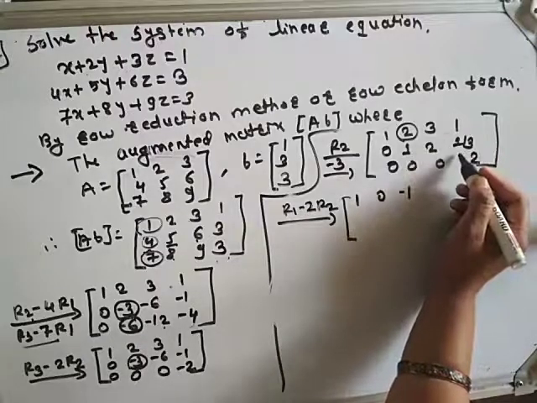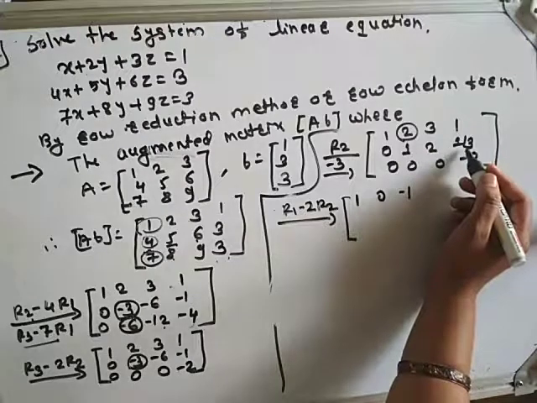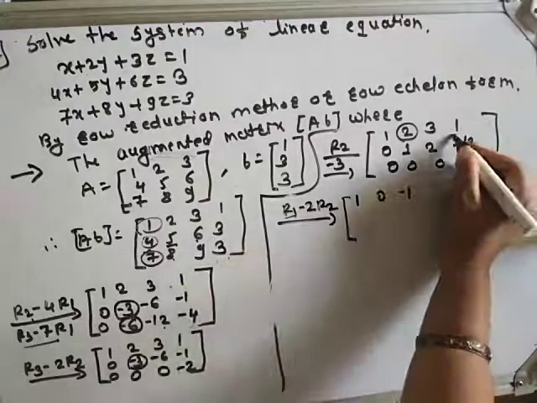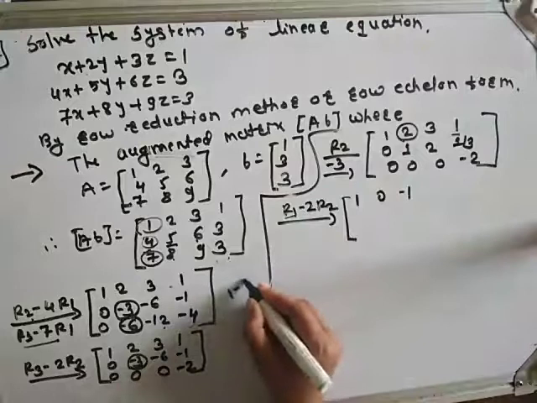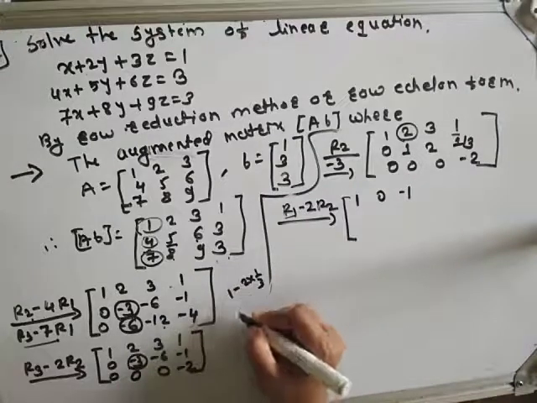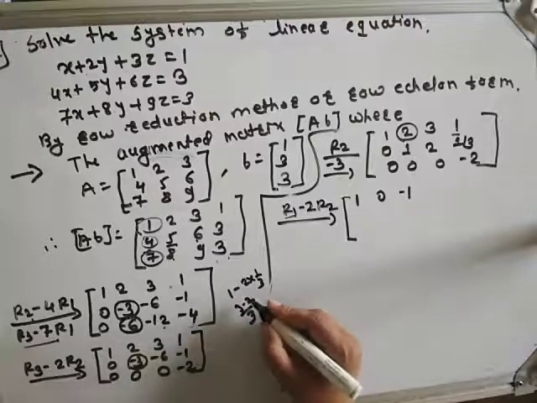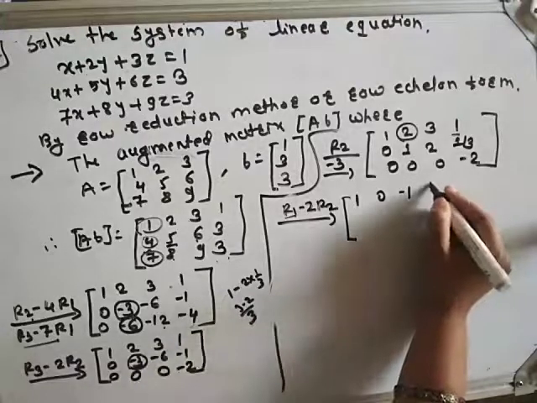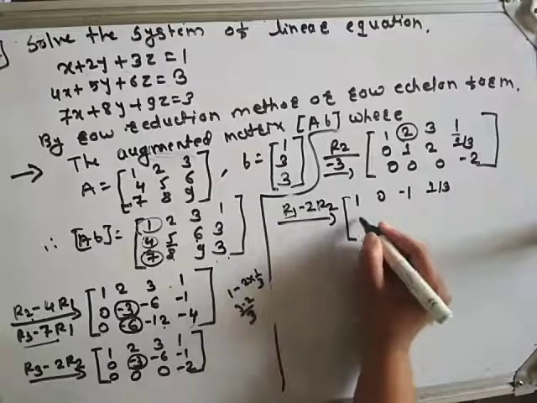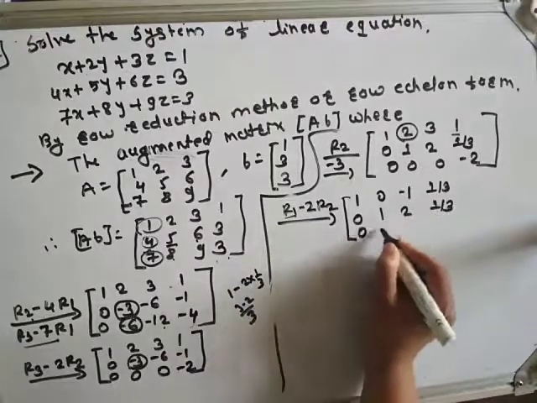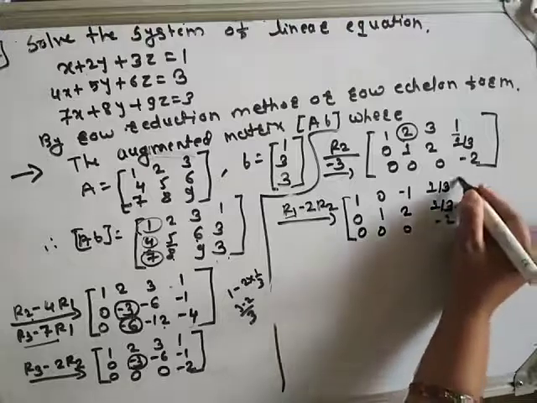Sorry, R1's last entry is 1 minus 2 into 1 by 3, which is 3 minus 2 upon 3, therefore it is 1 by 3. The second row is 0, 1, 2, 1 by 3, and the third row is 0, 0, 0, minus 2.